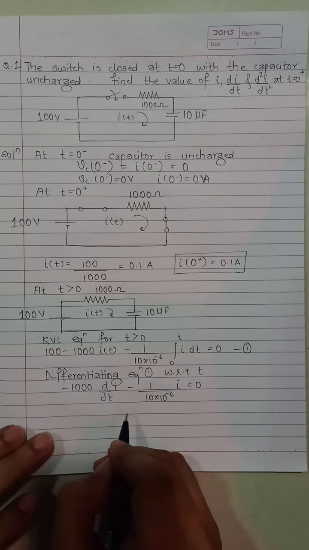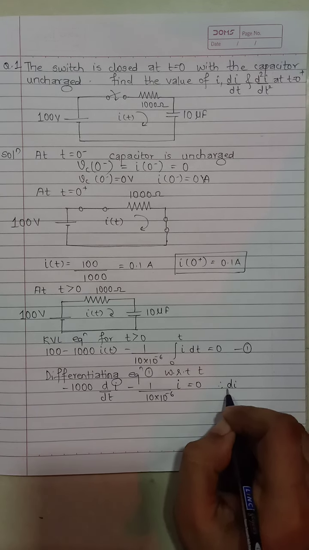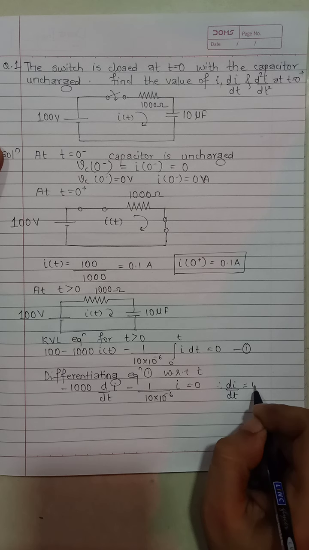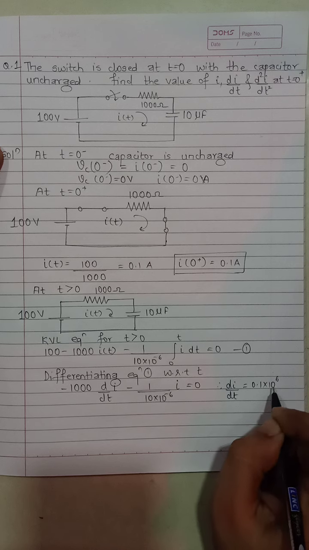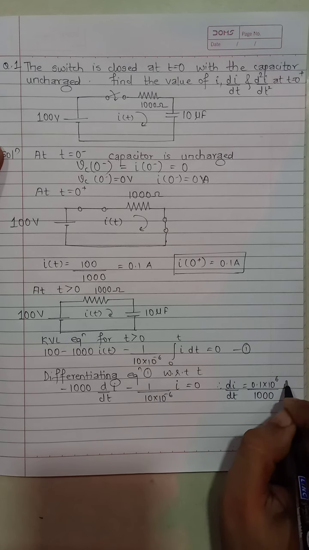So di by dt is equal to minus 0.1 into 10 raised to 6 upon 1000 into i.